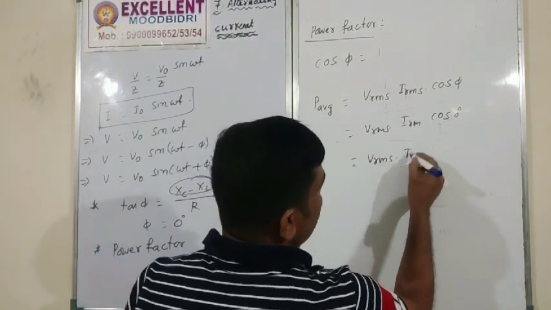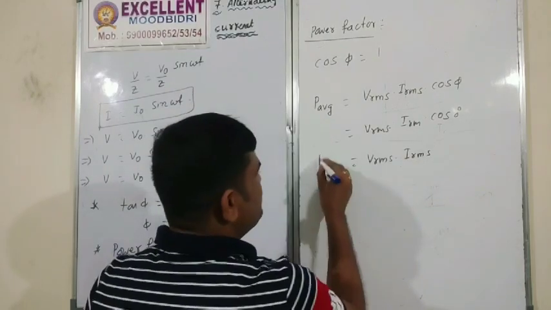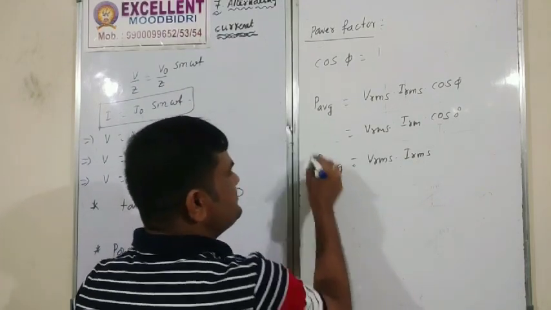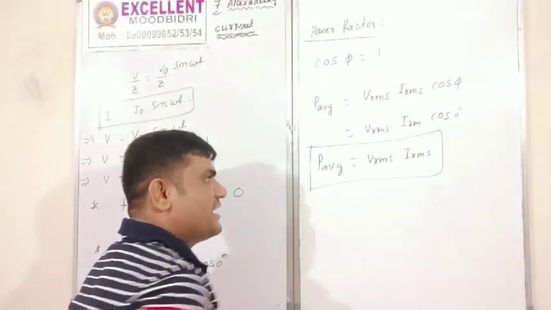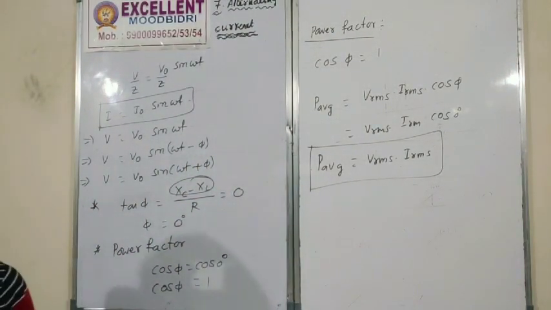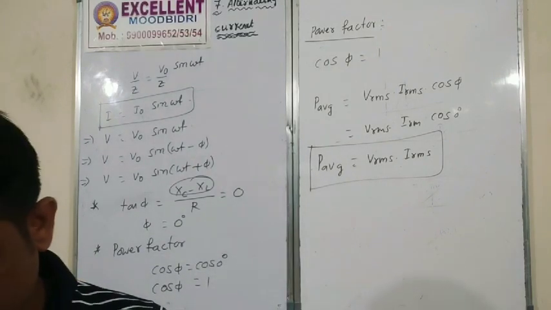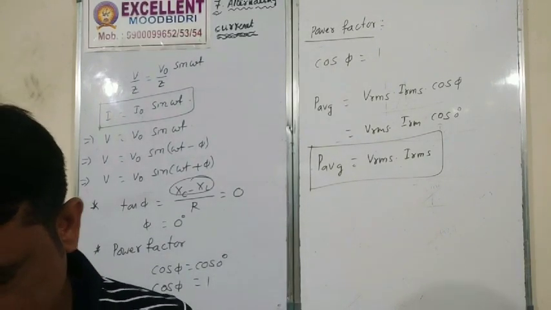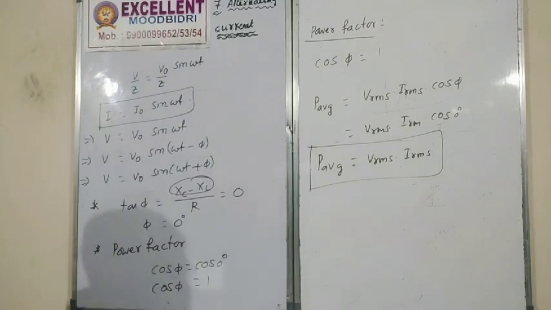So VRMS into IRMS is the average power, which is equal to the apparent power. Right? So this is the concept of the LCR circuit. Very, very important concept.